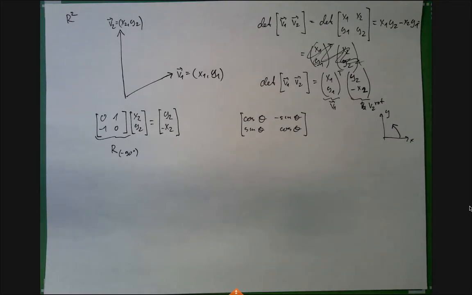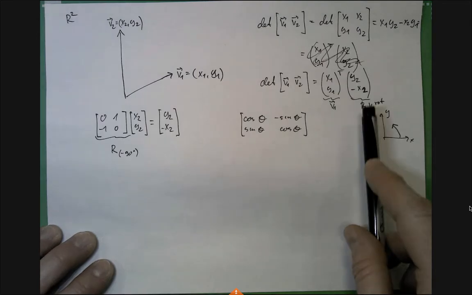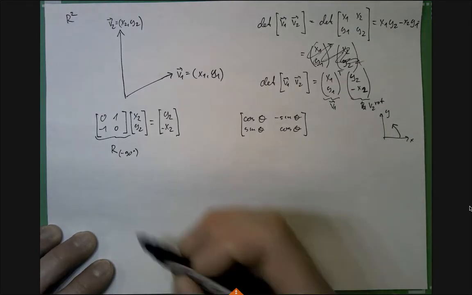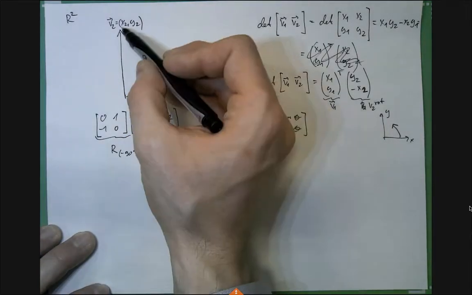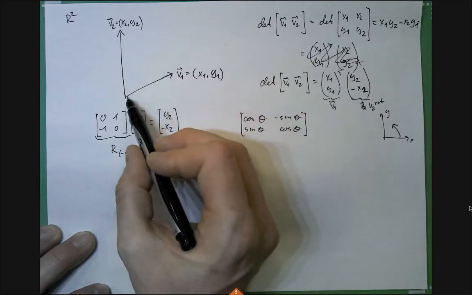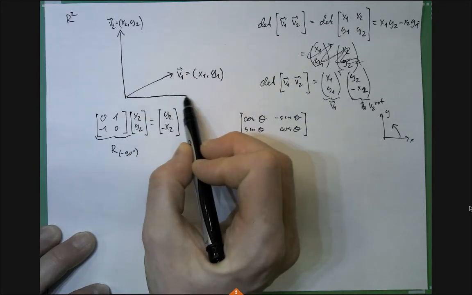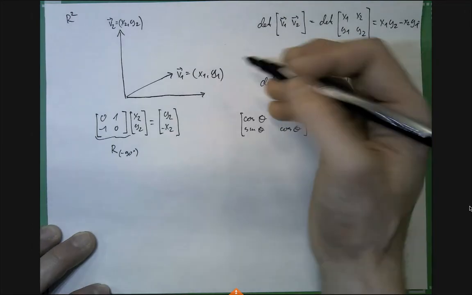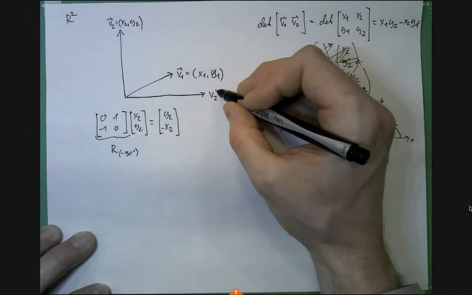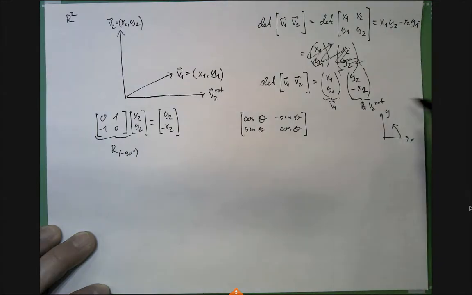Let's see what that means. That's quite interesting. So if I rotate v2 by 90 degrees, I think I'll get something like this, right? So this will be my v2 rot, rotated.